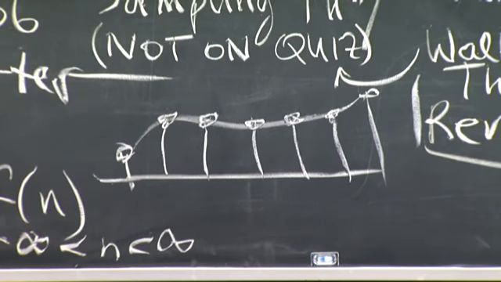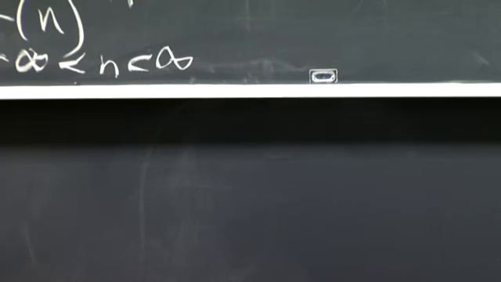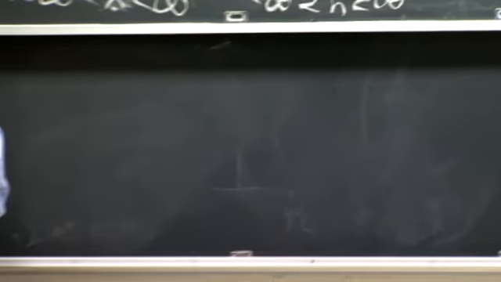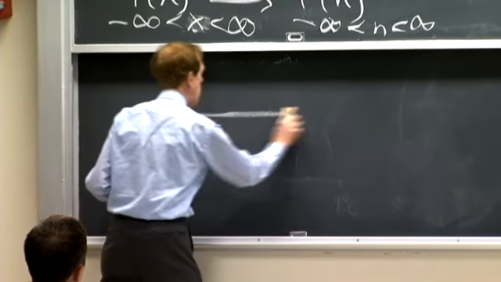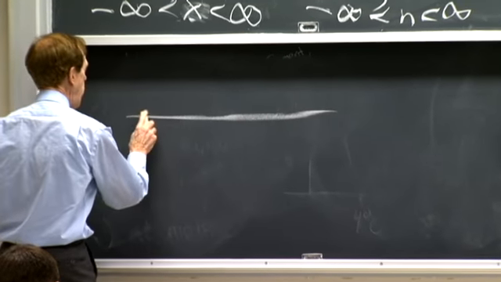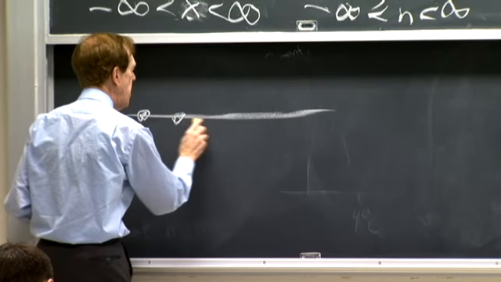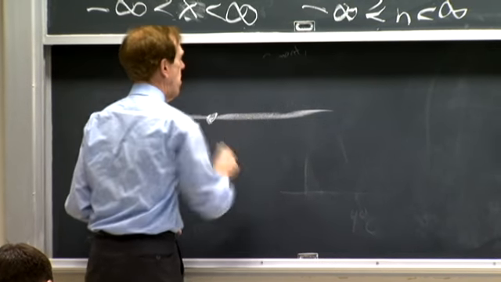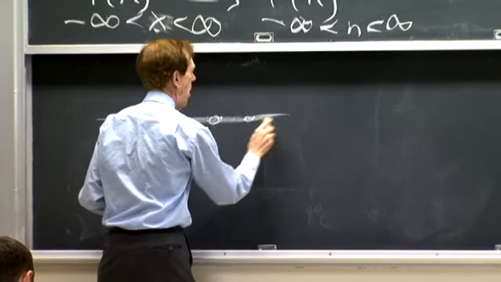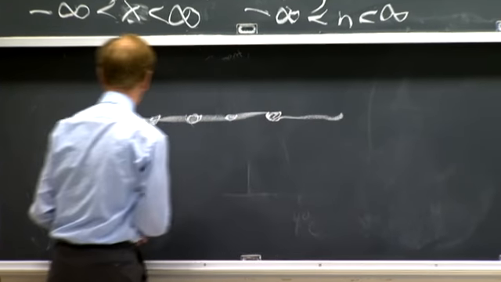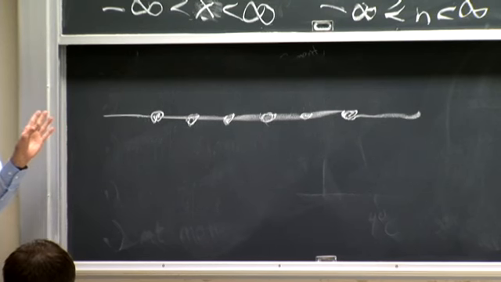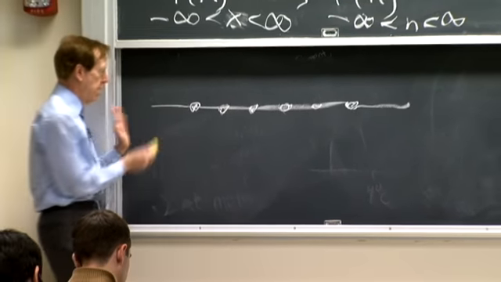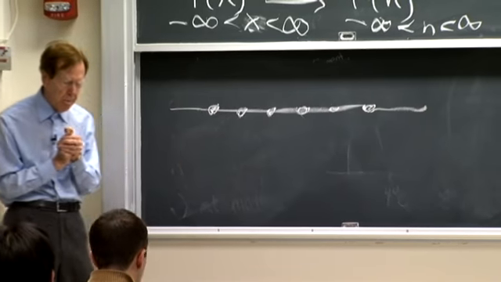So let me take the case when all the samples are 0. And let's think about that case. Suppose, what could the function be if all these samples are zeros, forever? Well, there's one leading candidate for the function, the zero function.